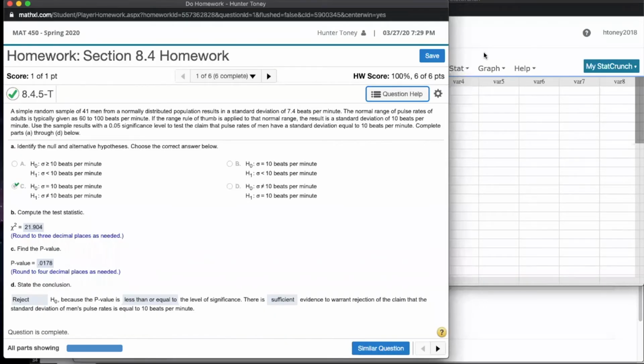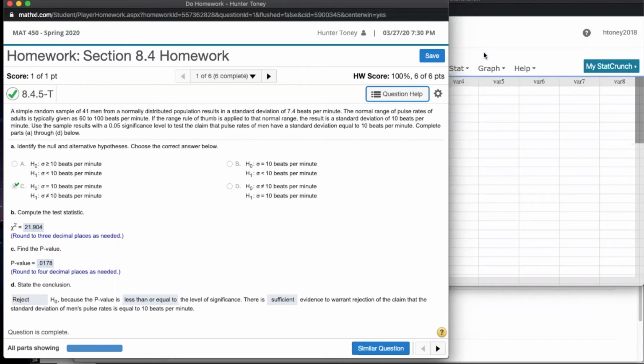All right, guys, so jumping right into section 8.4, there are only about 4 problems that require long drawn out answers. So I figured I would do 1 or 2 of those. So I'm starting just with number 1, and they tell us a simple random sample of 41 men from a normally distributed population result in a standard deviation of 7.4 beats per minute.